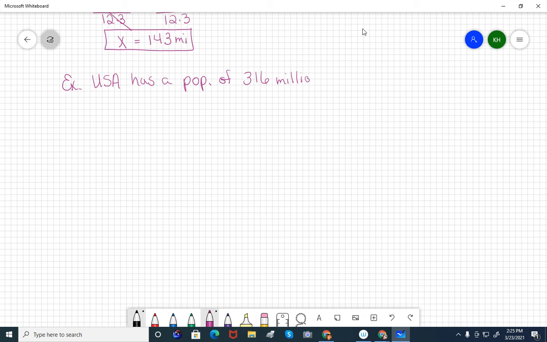Actually, now our population is closer to 331 million. This is in 2012, and the USA used 722.1 billion cubic meters of natural gas.